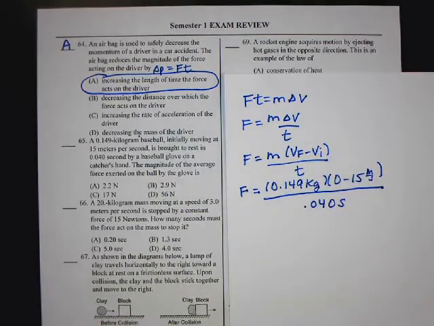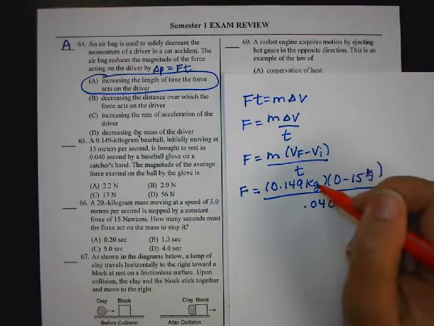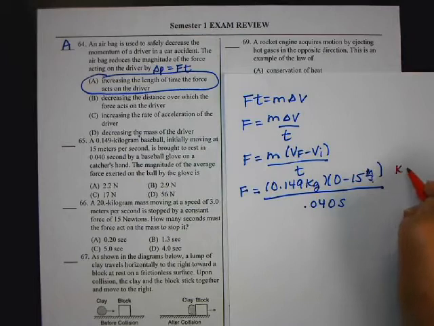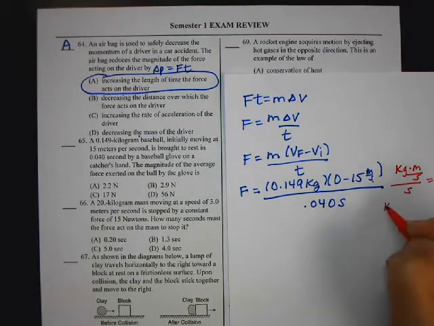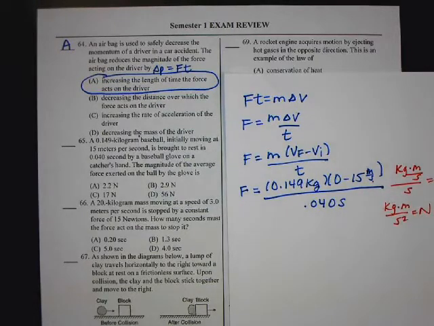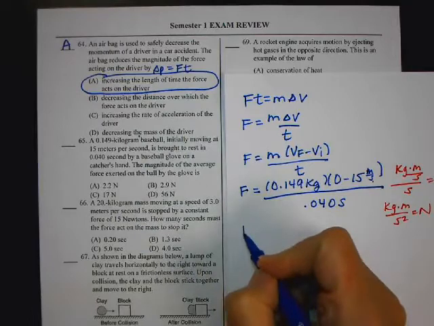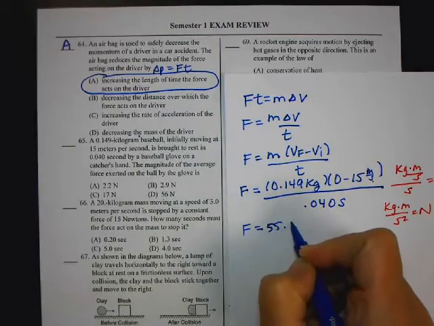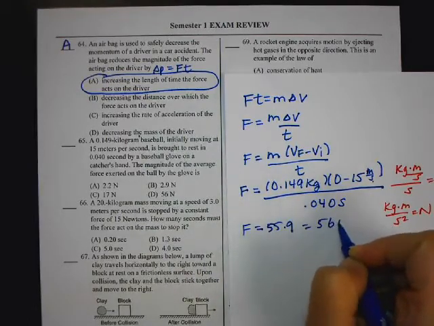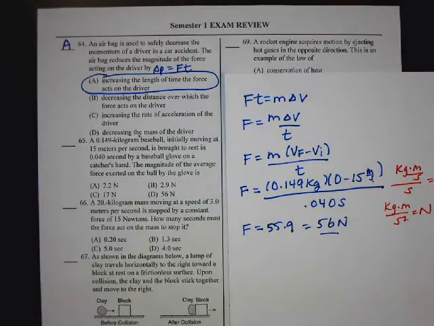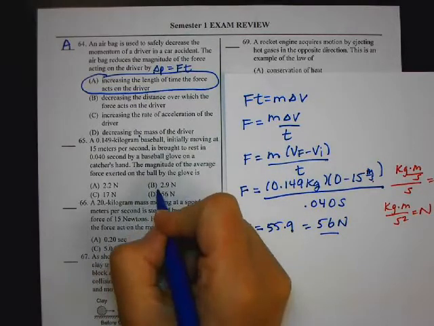Now, first of all, a kilogram meter per second divided by a second is a kilogram meter per second squared, which is a Newton. So my unit works out. On my calculator, I get 55.9, which is 56 newtons, correct to two significant figures. So that's going to be answer D.